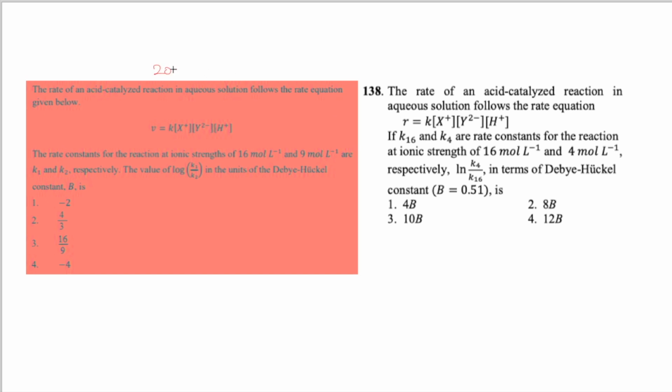This is from the 2023 exam, and this is from the 2016 exam. So everything is same. The only difference is that here the ionic strengths are 16 moles per liter and 9 moles per liter, whereas over here it is given as 4 moles per liter.